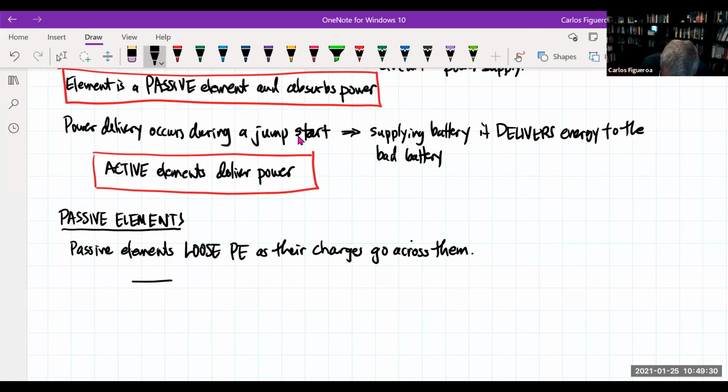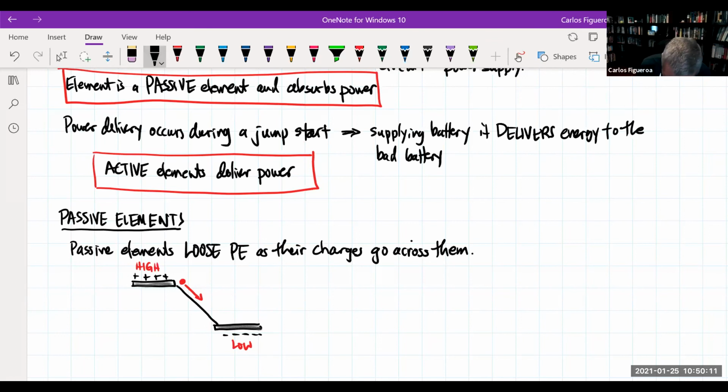Picture-wise, I really mean this. We talked about this guy right here. We said that this is the positive, this is the negative. When you're looking at this, I have a charge, and this charge is literally decreasing electrical potential energy. It's going from a high to a low, and that charge definitely loses potential energy as it goes down this hill.